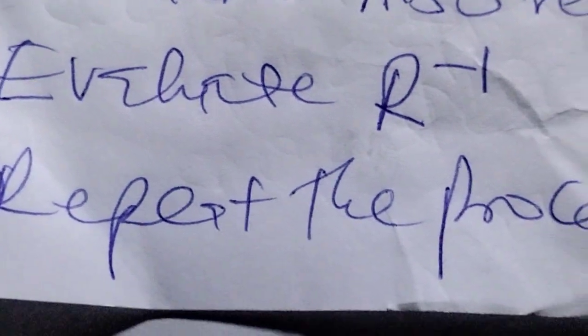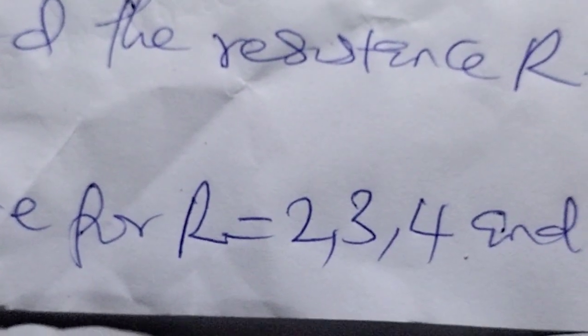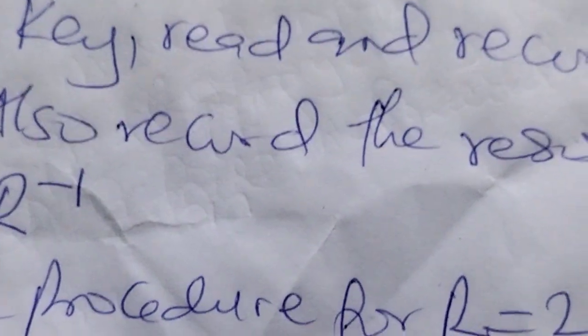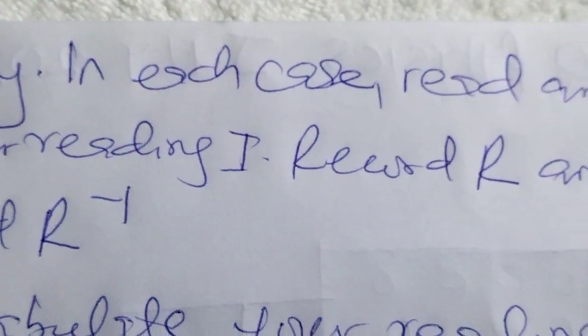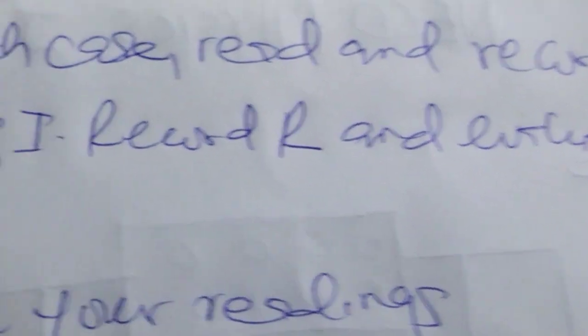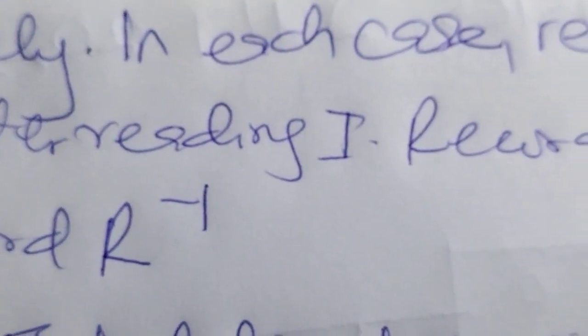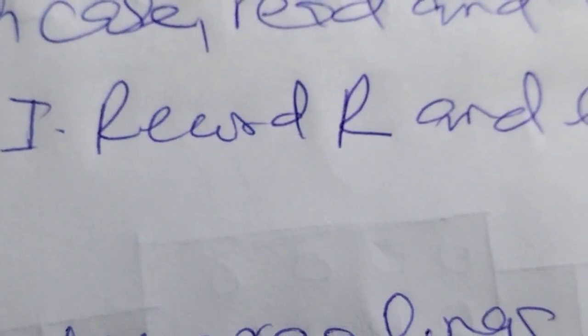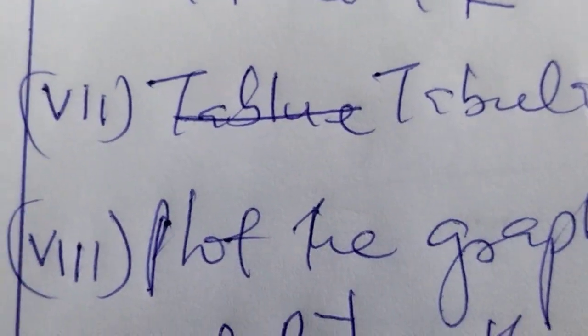Then VI, repeat the procedure for R equal to 2, 3, 4, and 5 ohms, respectively. In each case, read and record the ammeter reading I, record R, and evaluate and record R inverse.